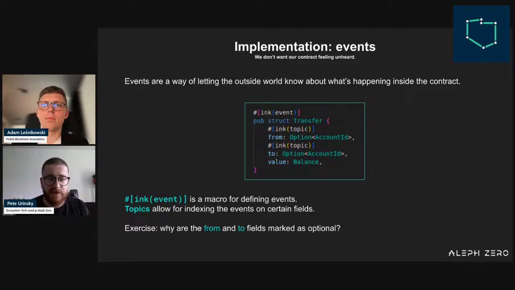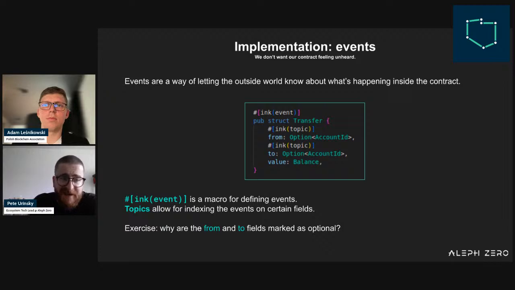Now, in general, it's good to put those, but if you have a field that has a very big difference in values, so it changes with every call, it makes no sense to index it, right? So we are skipping it for value, which is just a number.